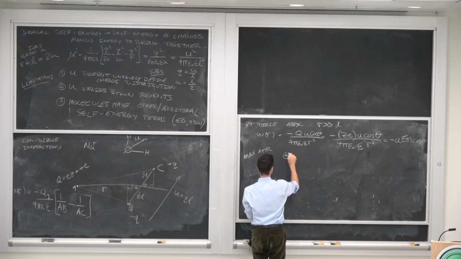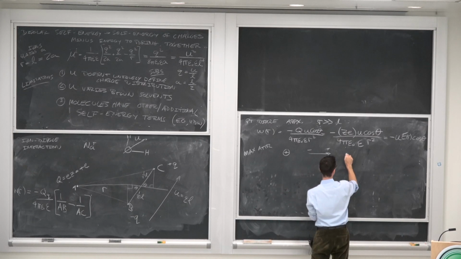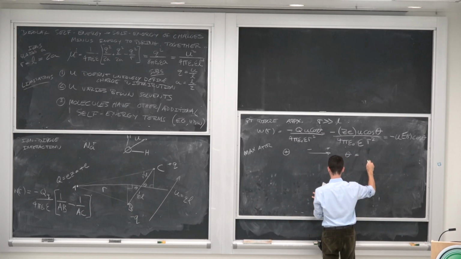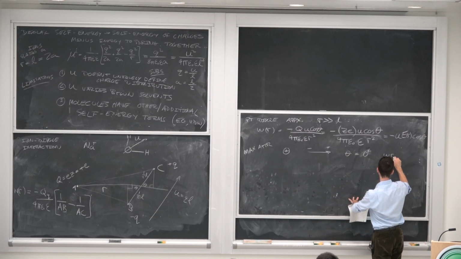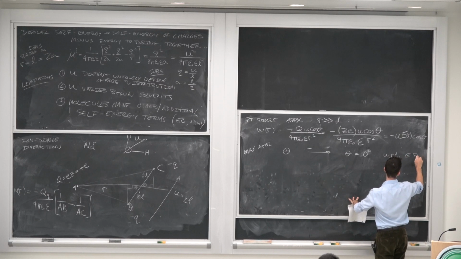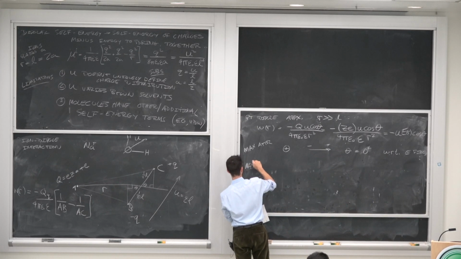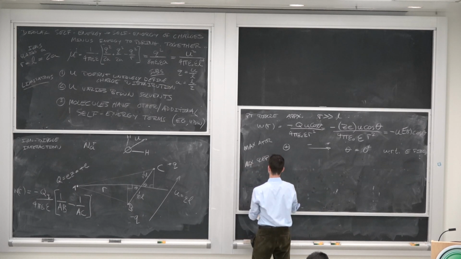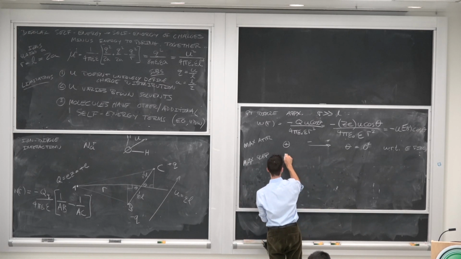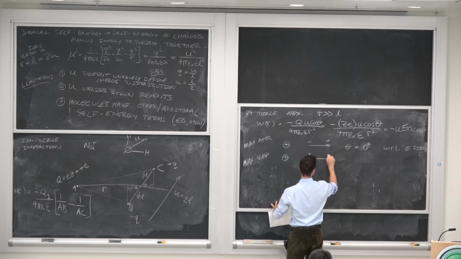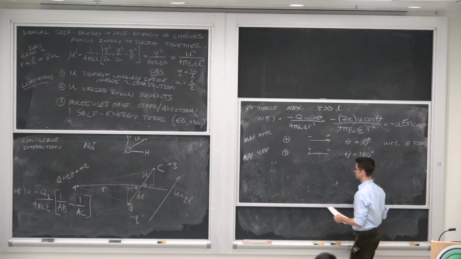Maximum attraction occurs in this scenario when theta equals 0 degrees with respect to the E field, and the max repulsion occurs when theta equals 180 degrees.